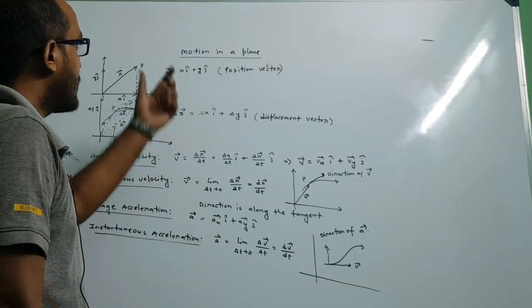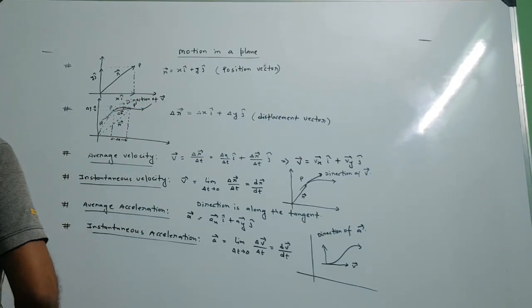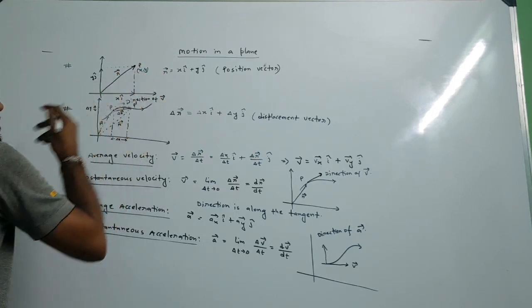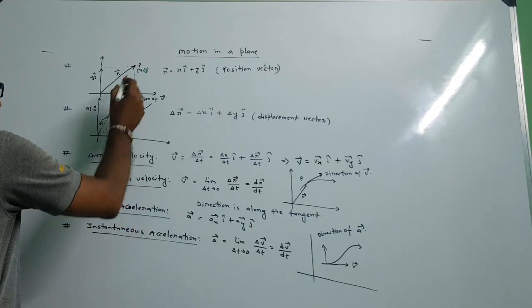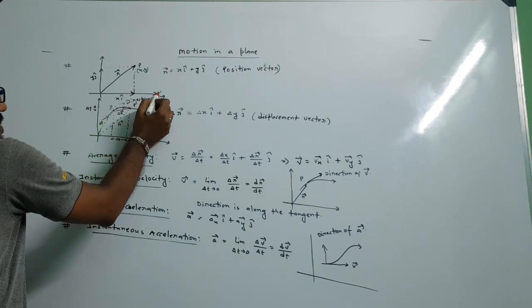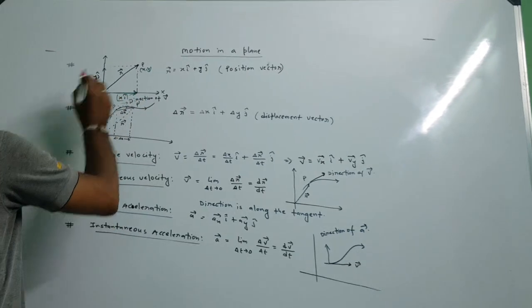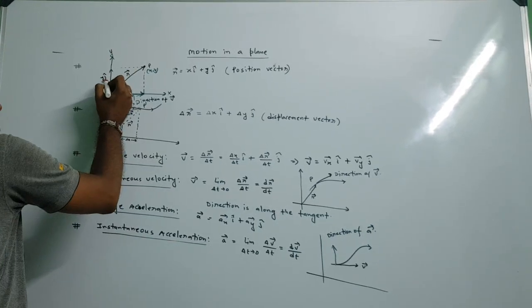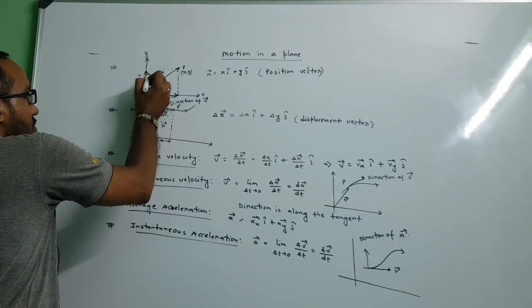So we are moving forward to our next topic, which is motion in a plane. Let us say we have a position vector p, with x comma y as the position of the particle at a particular moment. In the x axis our direction vector is i cap and the magnitude is x, so this vector is x i cap. In the y direction the magnitude is y and the direction is j cap, so this vector is y j cap.